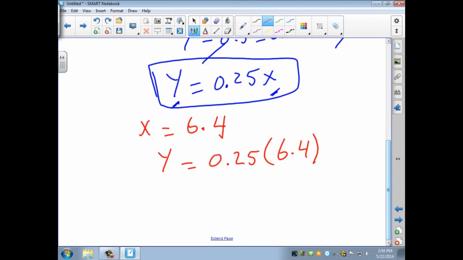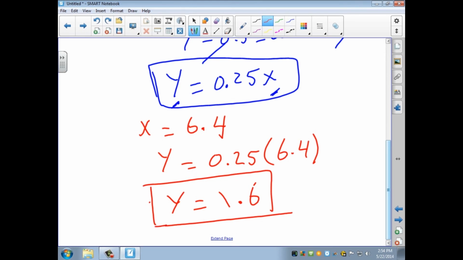Okay, so Y therefore is equal to 6.4 times 0.25, or 6.4 divided by 4. It is what? 1.6. Right?